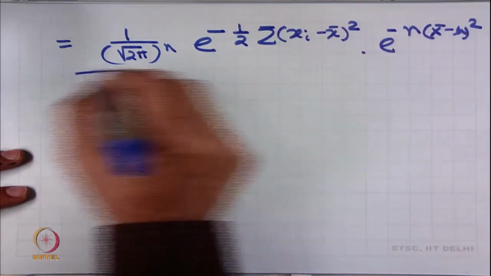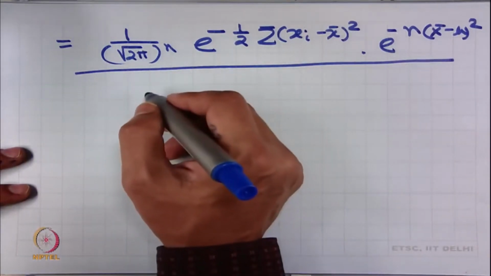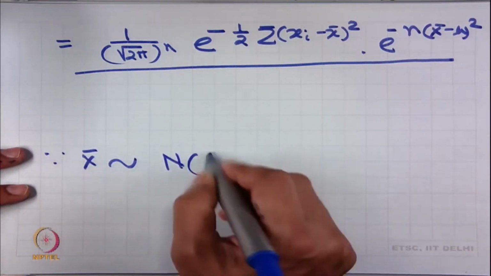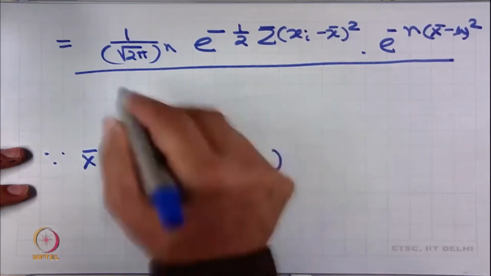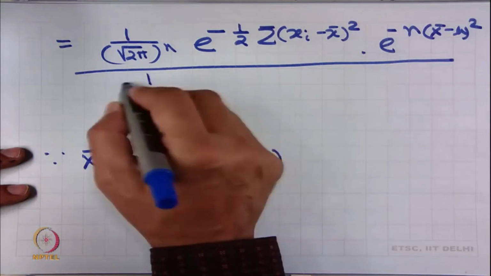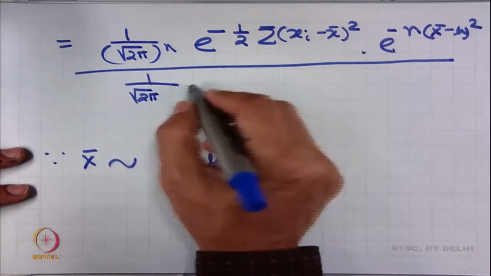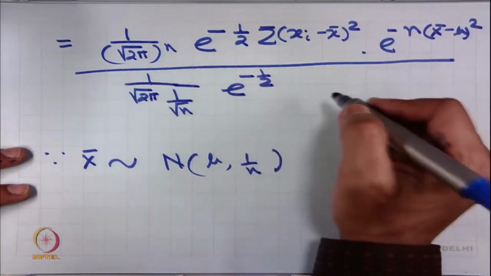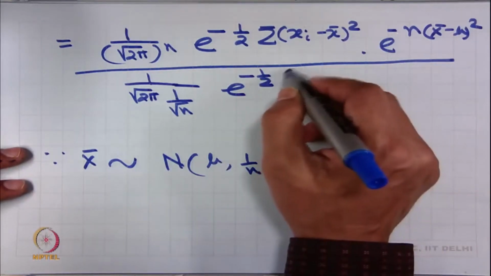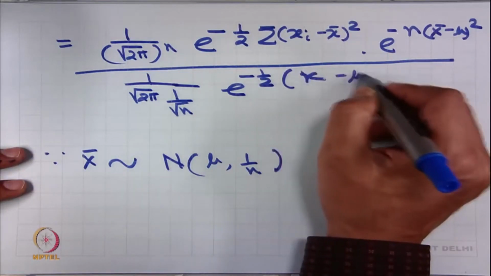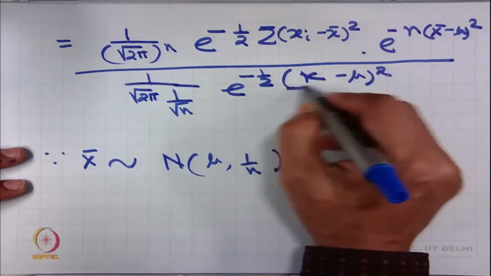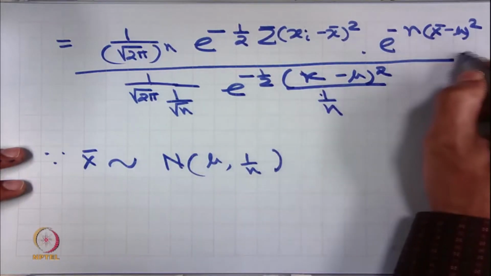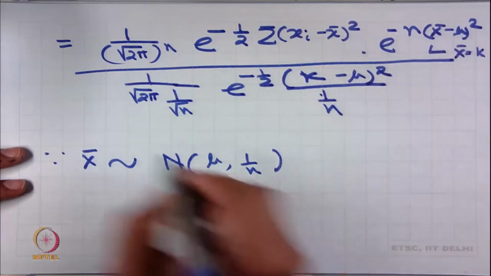This we have already seen, divided by, since x bar is normal with mean mu and variance equal to 1 by n, this we can write as 1 over root over 2 pi into 1 upon root n, e to the power minus half into k minus mu whole square divided by 1 upon n, and this is for x bar equal to k.